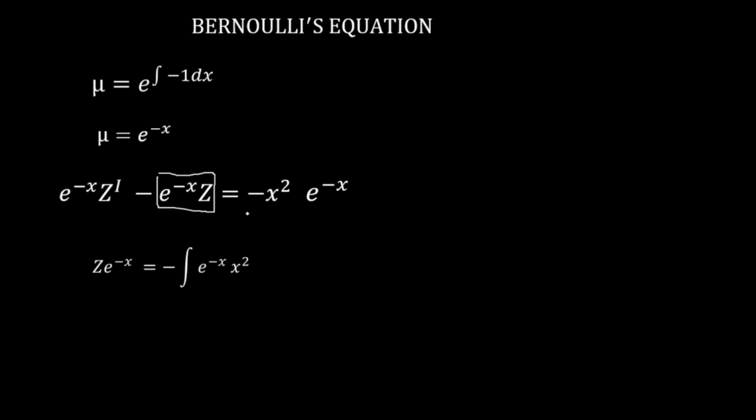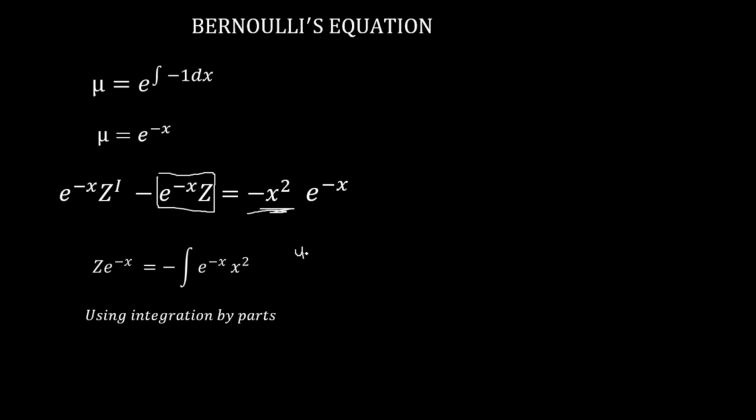Note that the x squared is with negative, so the negative will come outside, giving the integral sign inside. You take this and you find the integral. You are going to use integration by parts, because you cannot just integrate this simply as that.